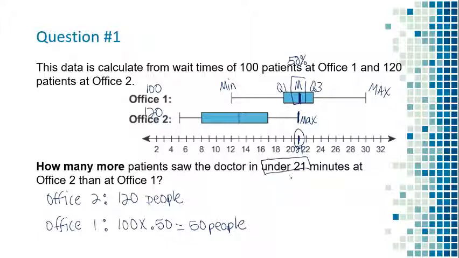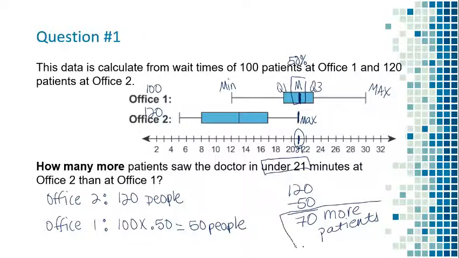I want to know how many more occurred at Office 2 than Office 1, so we're just going to subtract those two numbers. 120 minus 50, and we end up with 70 more patients. And that will be your final answer.